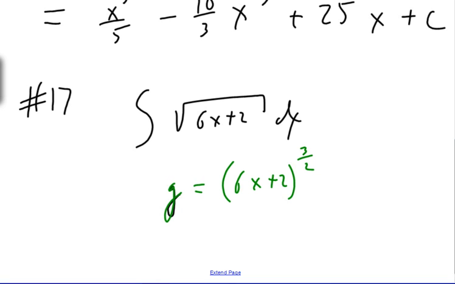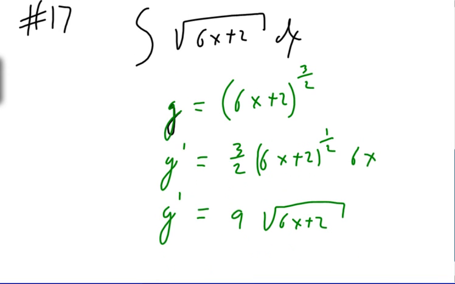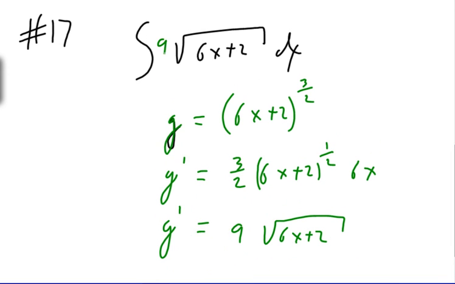I'm going to take the derivative of that, and it's going to be 3 halves (6x plus 2) to the 1 half times 6x. So g prime would be 9 square root of 6x plus 2. And I don't have a 9 here, so I'm going to put a 9 there, and then I'm going to put a 1/9 out there.